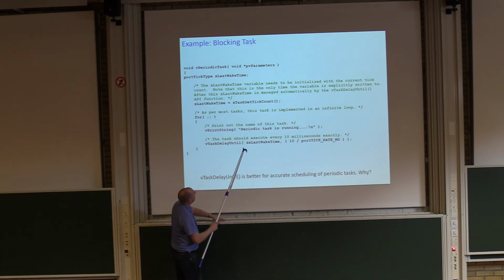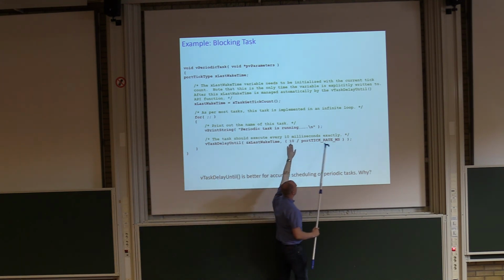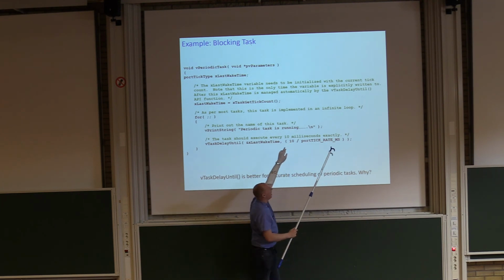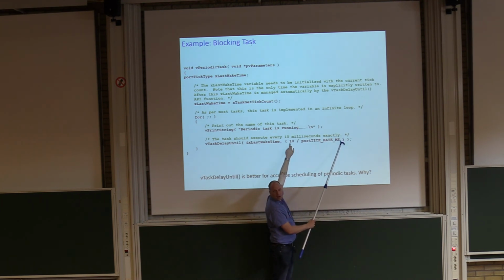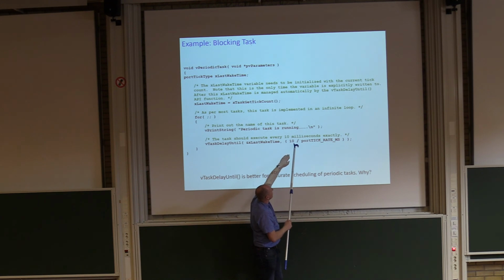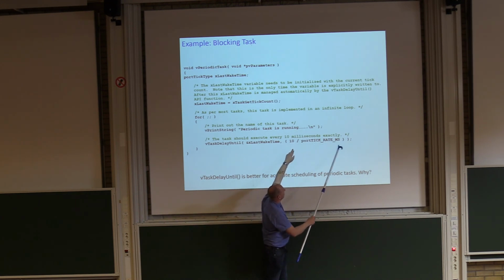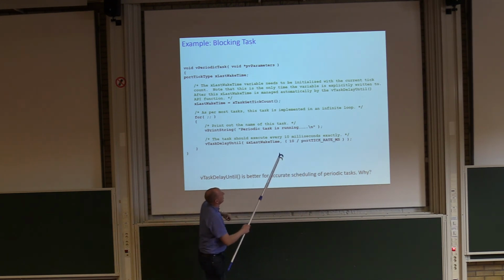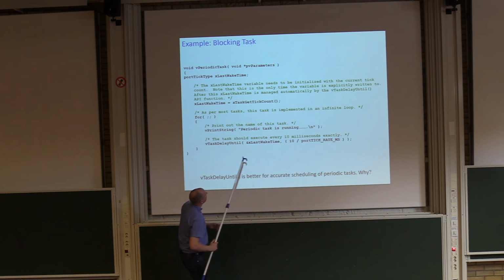And in this case, we send in the address to this variable, and as a second argument we specify basically the period here. So the milliseconds divided by, so it will convert this into the number of ticks in the same way as before.